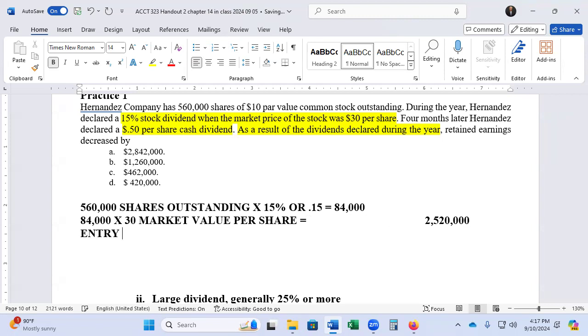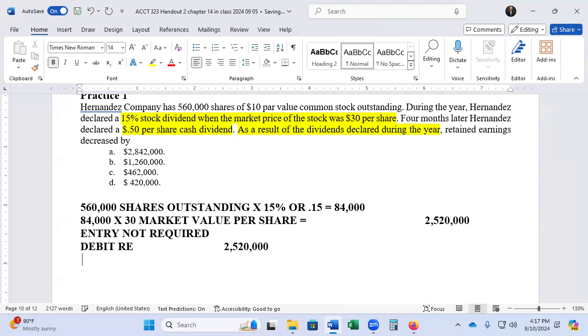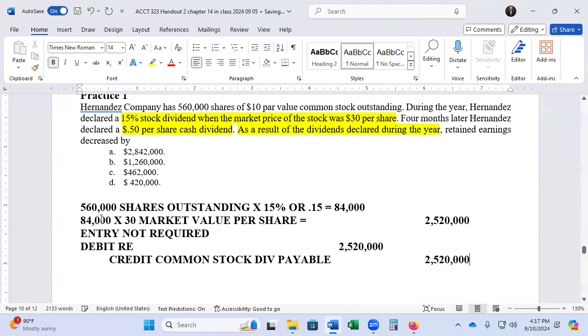And so the entry, not required, would be debit retained earnings for 2,520,000, and you would credit common stock dividend payable or something along that line, for 2,520,000.